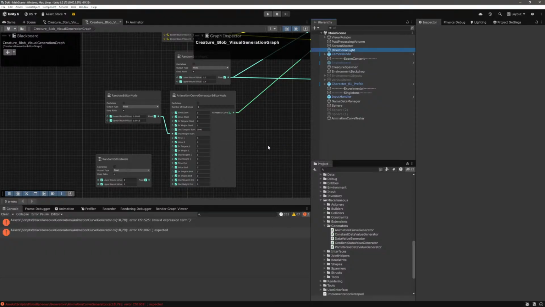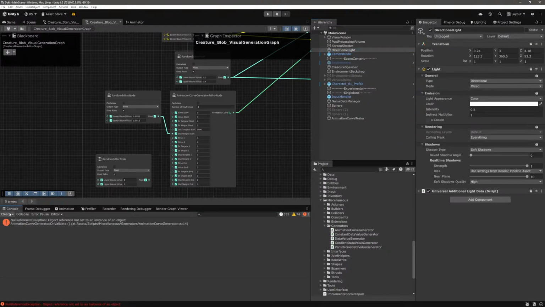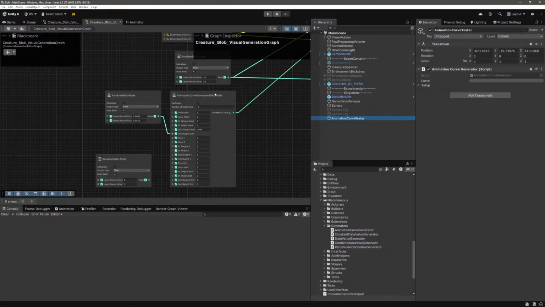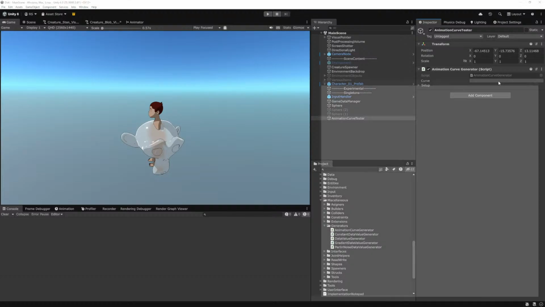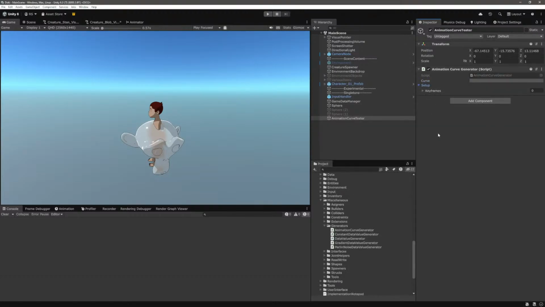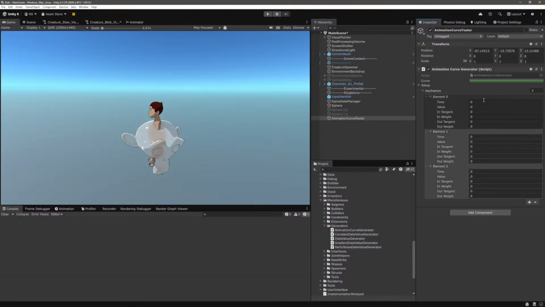And then we want to add some randomization to it. And let's see. Animation curve, tester curve. Yeah, we want to update this one eventually as well. Keyframes 0, let's add 3. 0, 0, 1, 0.